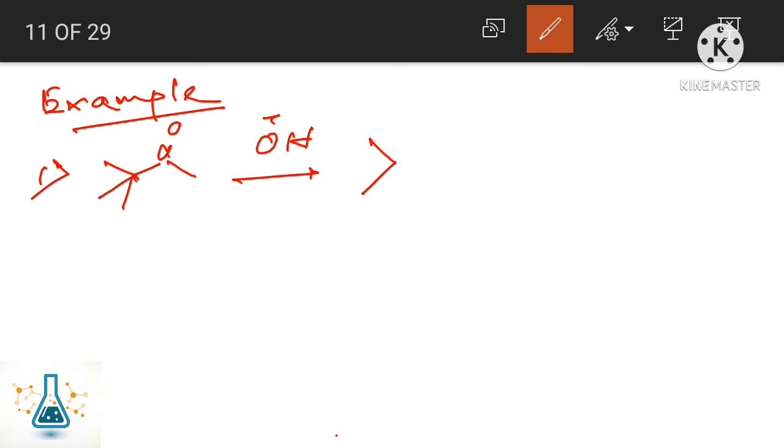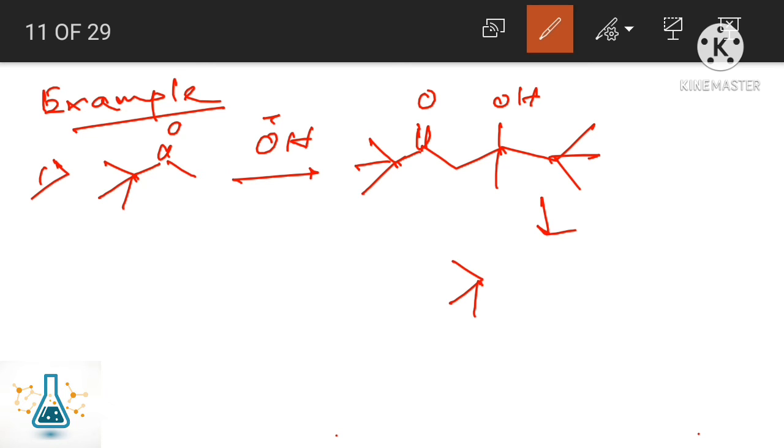We can get like this. Try at home. Okay, I will not give the mechanism, I will only draw the product. So this, and then after dehydration we can get this type of compound CH.